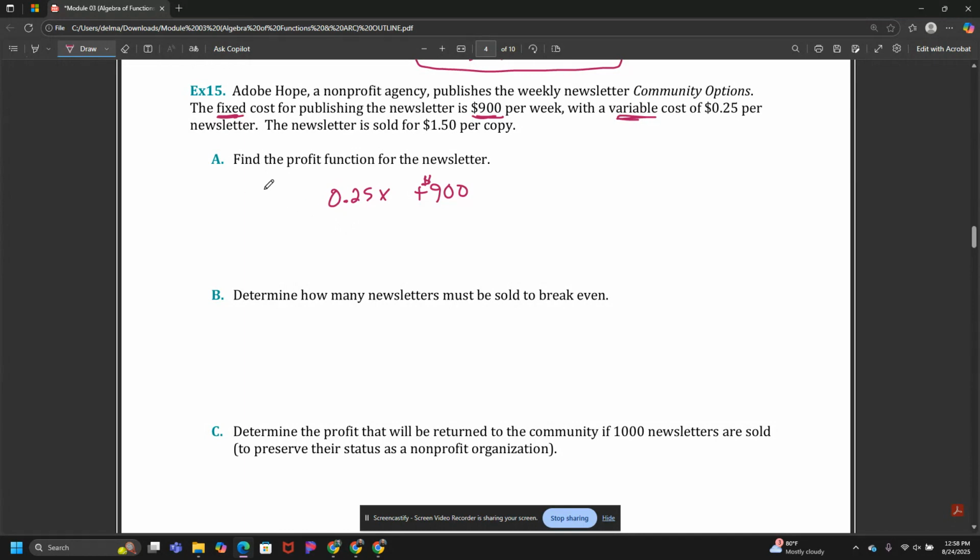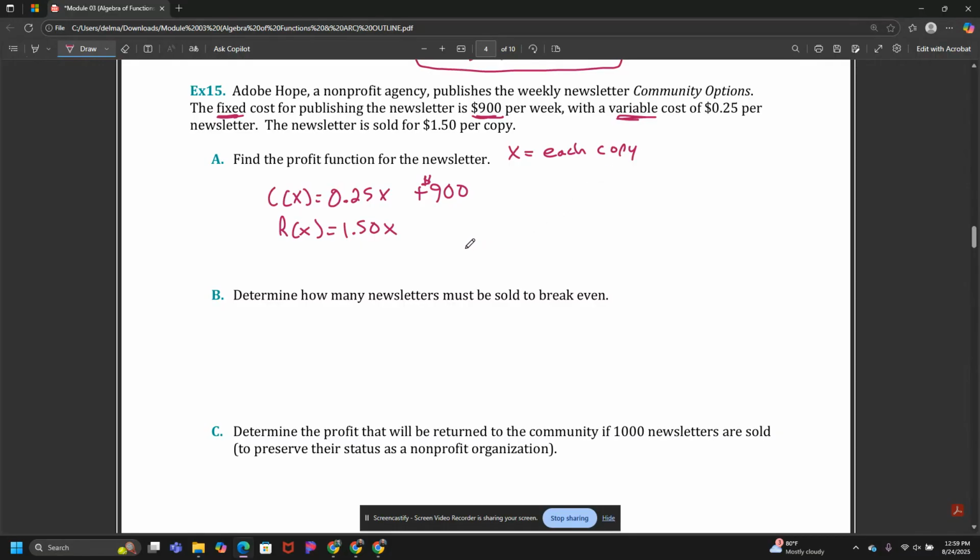Okay, so C of X, that's the cost. The newspaper is sold for $1.50x. Okay, X represents each copy.